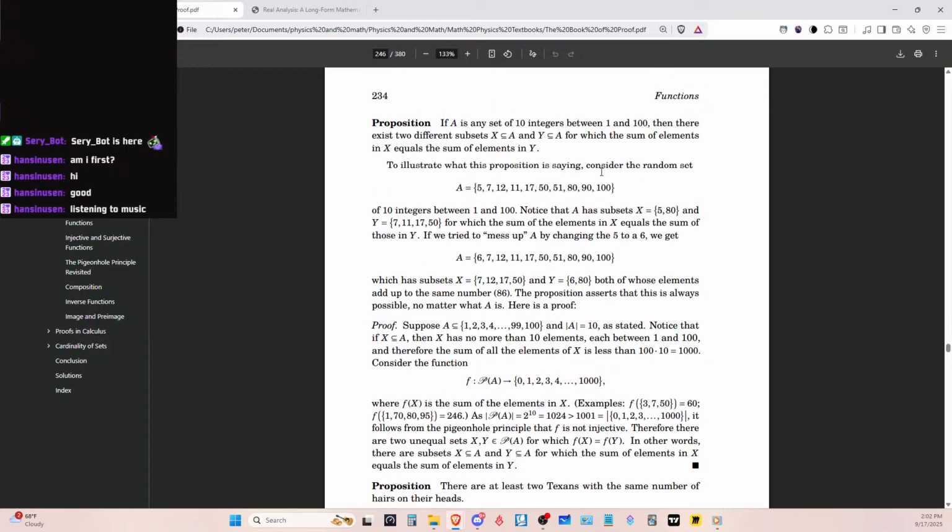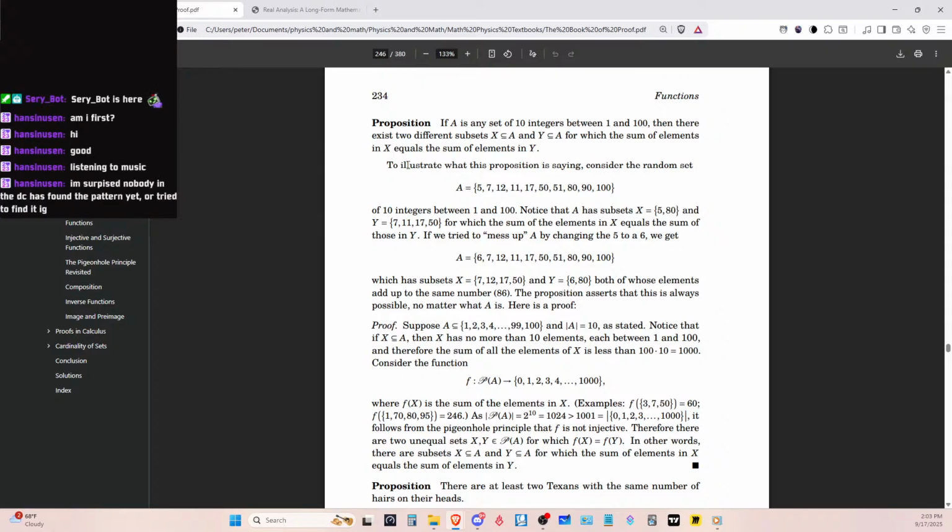Proposition: if A is any set of 10 integers between 1 and 100, then there exist two different subsets X and Y of A, for which the sum of the elements in X equals the sum of the elements in Y. Okay. To illustrate what this proposition is saying, consider the randoms.